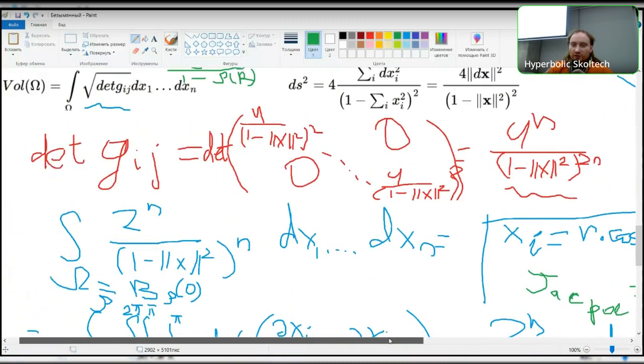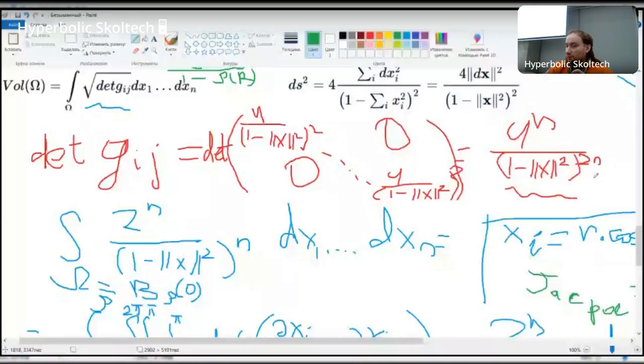We have this determinant, right? Those are squares of the elements of the vector. So this is the determinant of our metric, the diagonal. So this formula is correct, right?